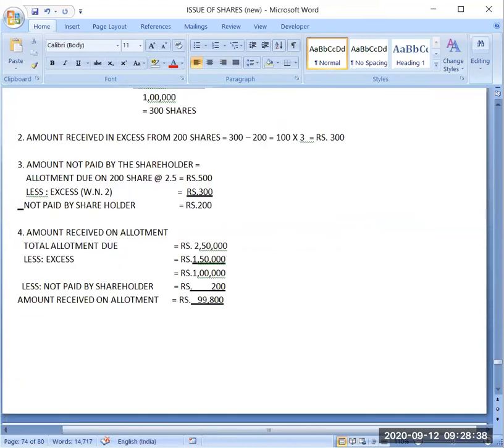It will be our fifth working note, calculation of capital reserve. These working notes are compulsory to be given along with the question.